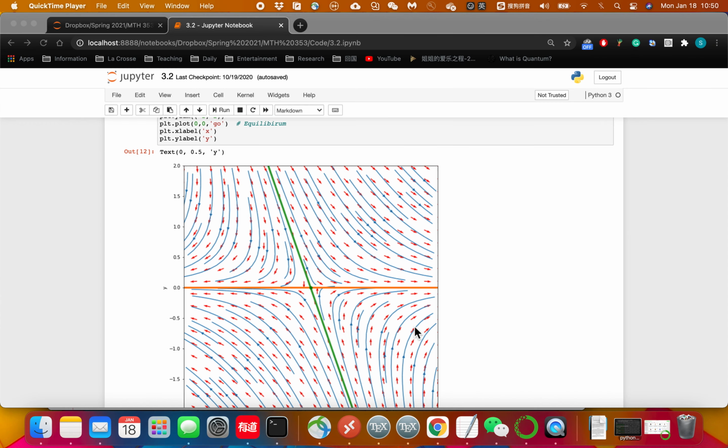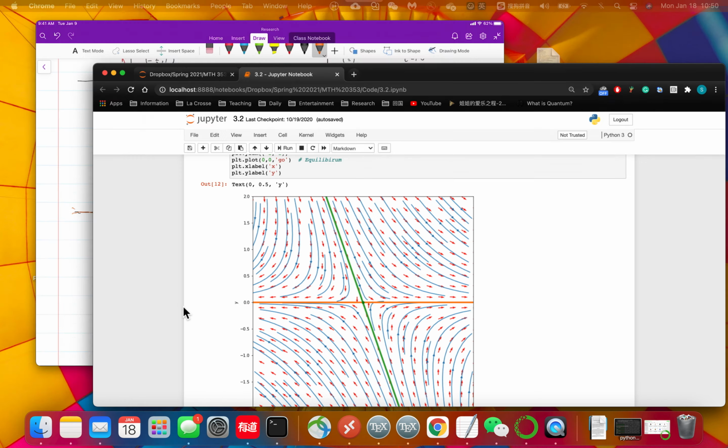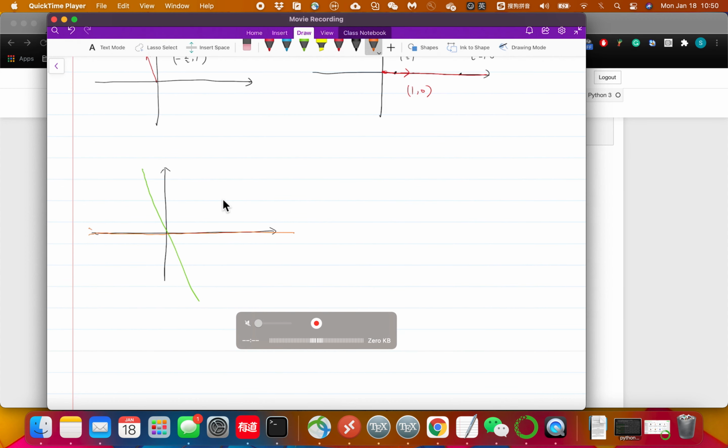Now if you try to check what we have here, I probably should use the reverse color just to stay consistent. Let's see. The green is here. The orange is here. Okay, exactly what we get from the vector field.